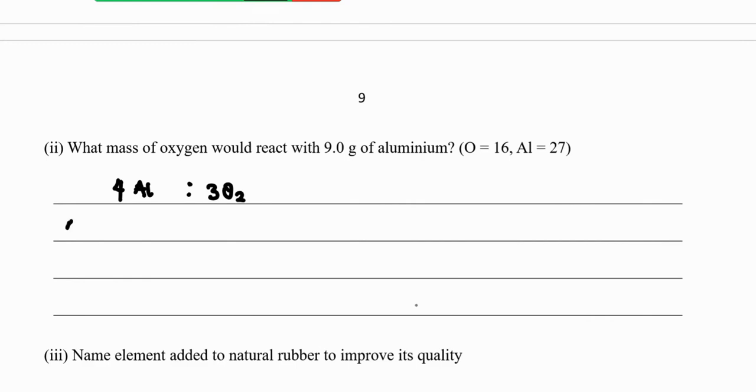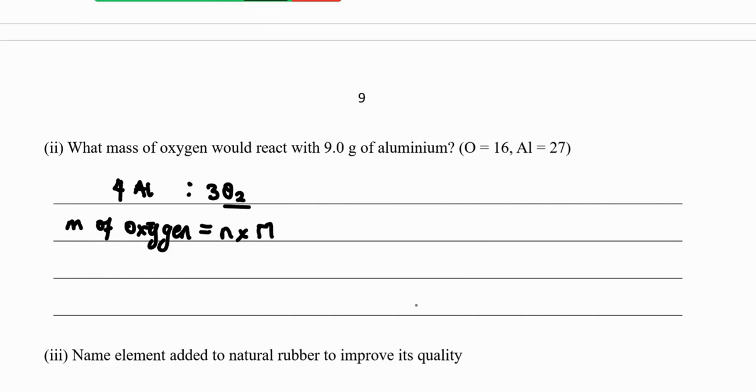Now, to find the mass of oxygen, it is equal to number of moles times molar mass. What's the molar mass of oxygen? Molar mass of oxygen is equal to 32 because we are dealing with an oxygen molecule here, excluding the moles, which is the coefficient. But we don't know the number of moles of oxygen.